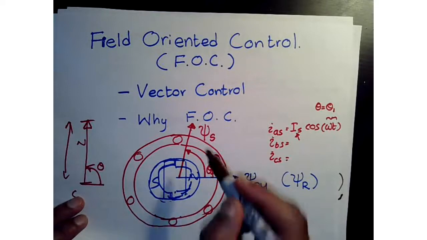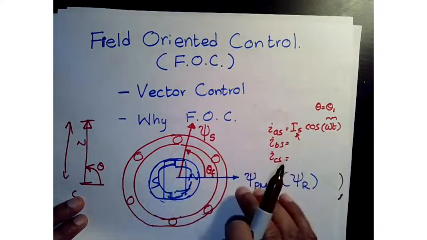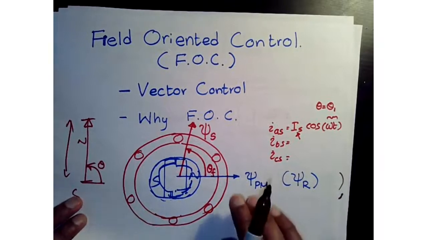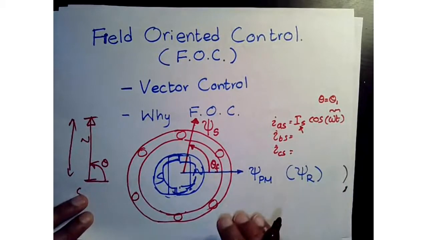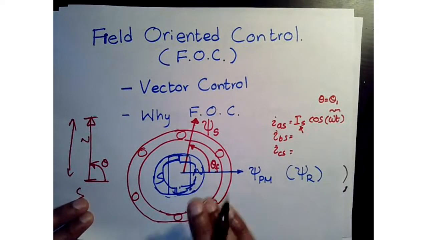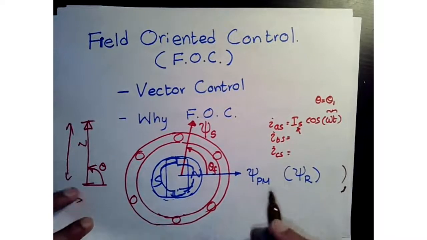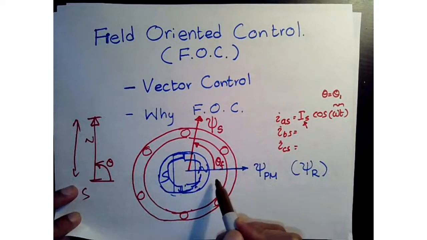Now, in order to place the stator flux vector 90 degrees out of phase from the permanent magnet flux vector, what other information do we need? What do we need to know about the machine state? Exactly, we need to know where this permanent magnet flux vector is oriented.